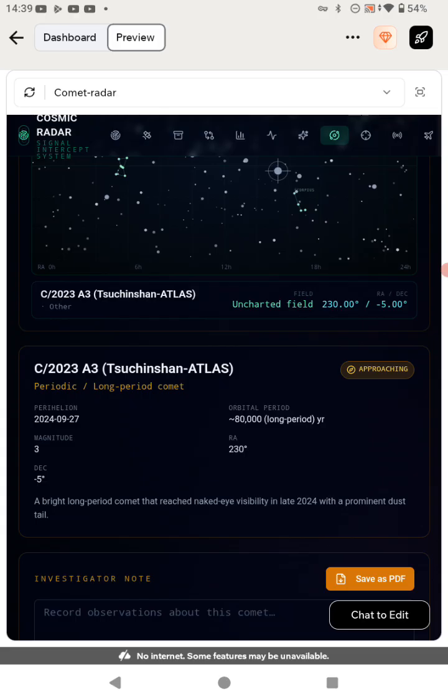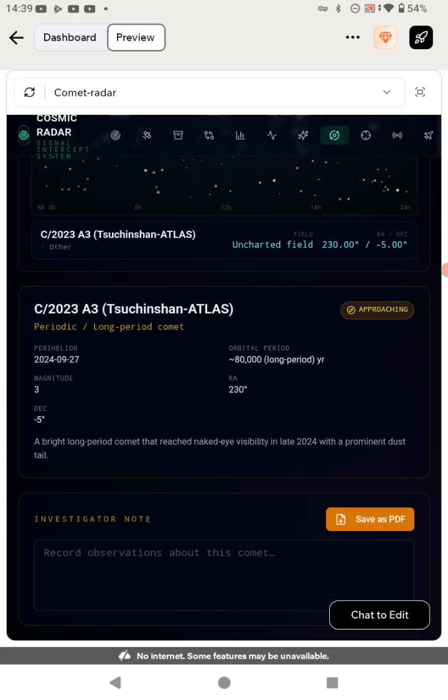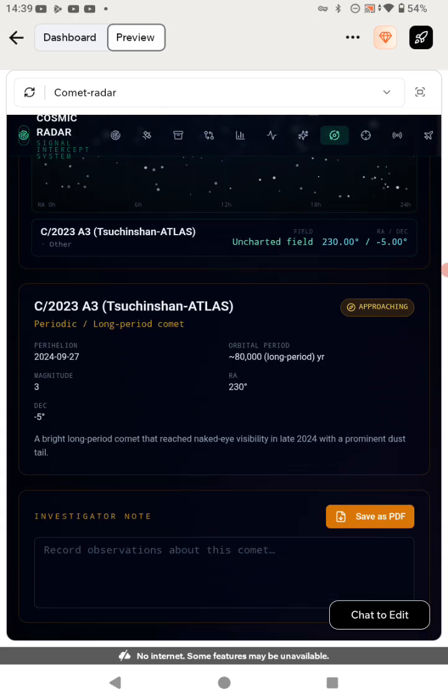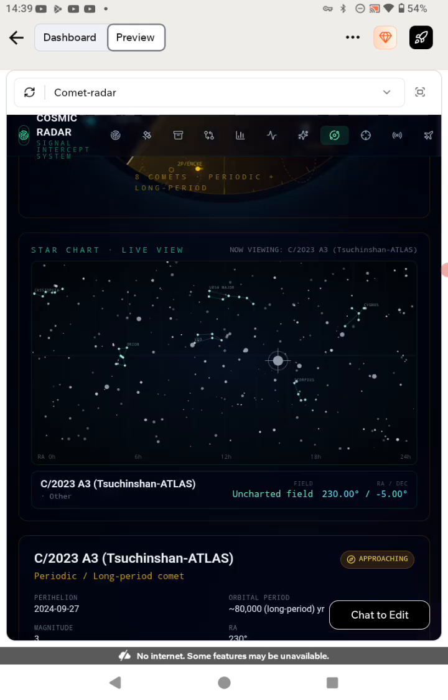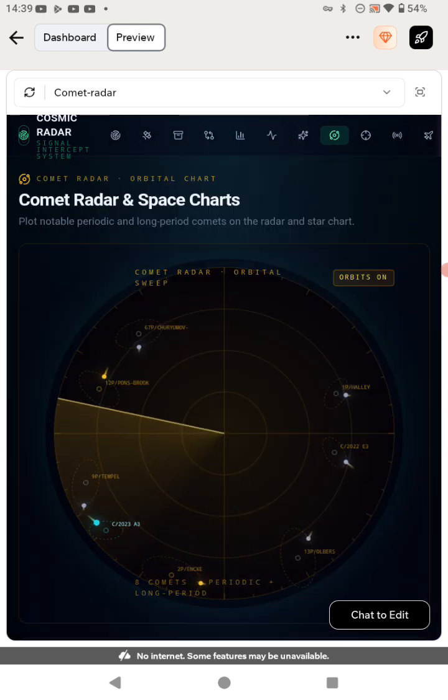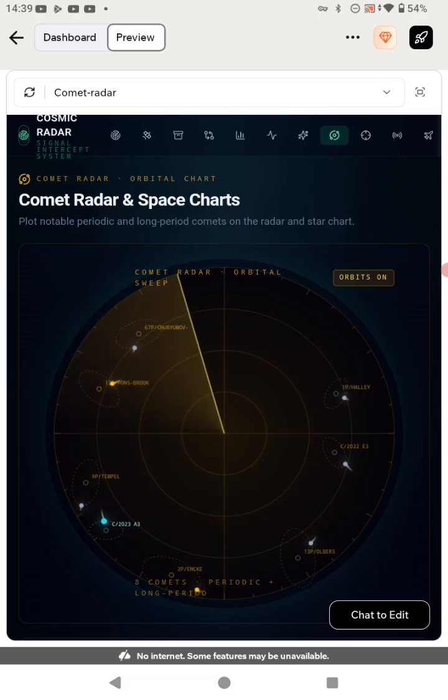I probably could if I had a magnifying glass, but like I said, these words should not be that dull where I can't read them. So there you go. Again, a spot down there for an investigator's note. Save as a PDF, and you can save that whole page as a PDF for your investigations.